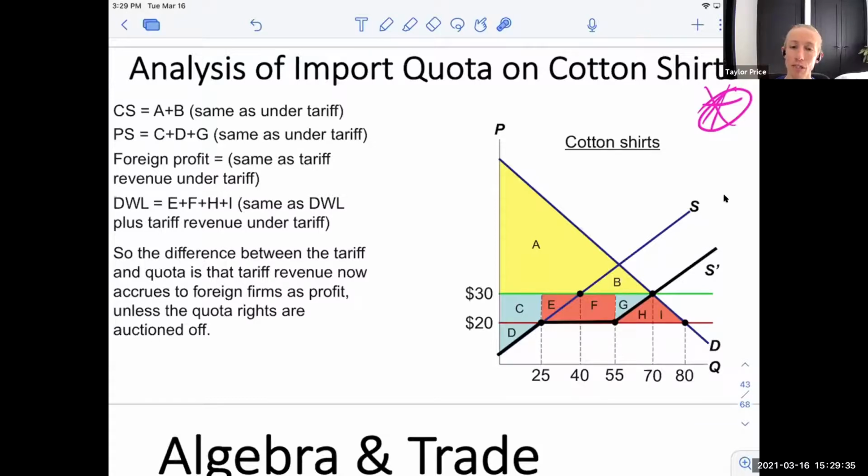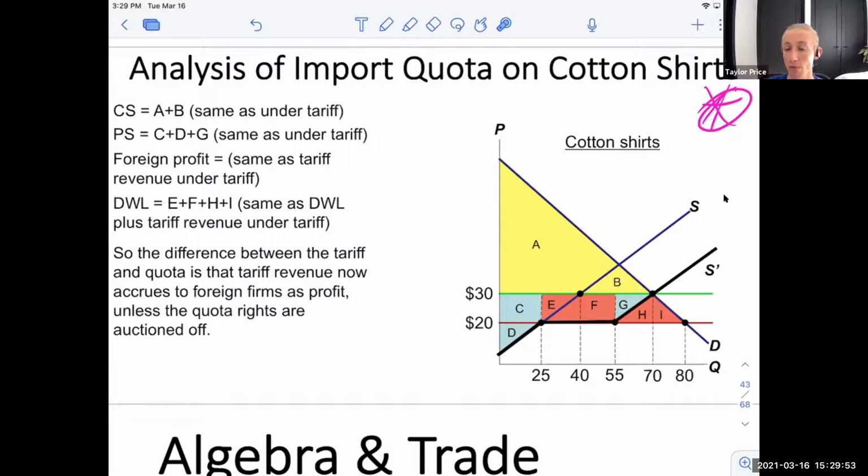But the difference is that the tariff revenue is just going to the foreign firms as profit. The reason for that is that those firms can produce that specific amount of the good.